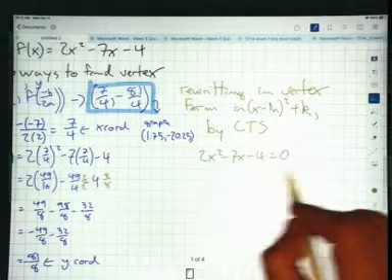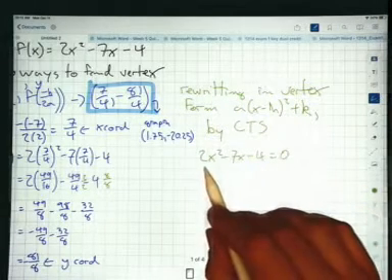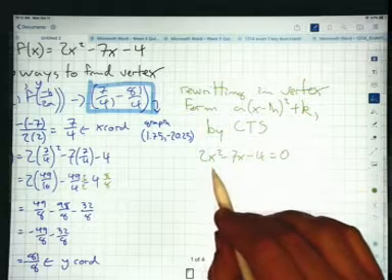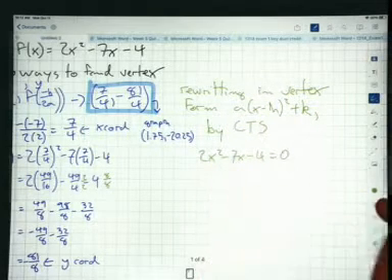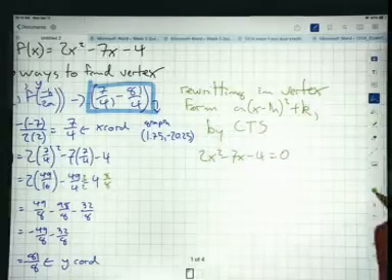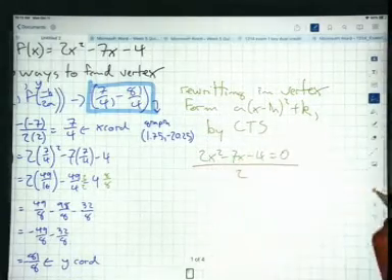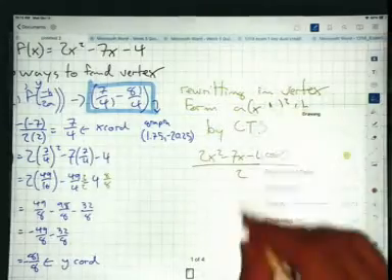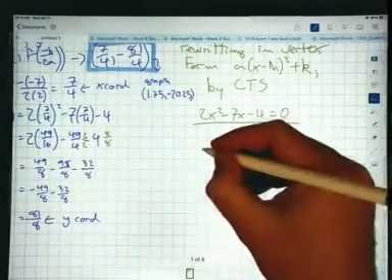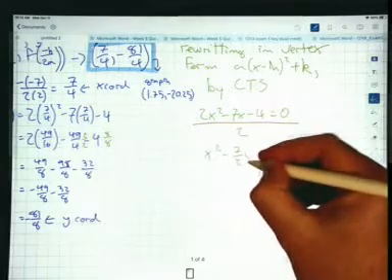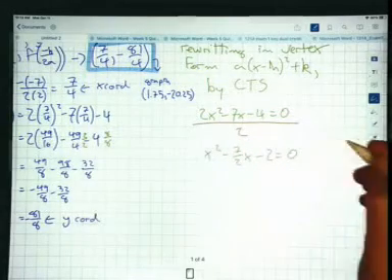You could either get the constant over to the other side or get rid of the coefficient of 2, because we want a coefficient of 1 in front of our x squared. So I'm going to divide everything by 2. So it's going to give me x squared minus 7 halves x minus 2 is equal to 0.